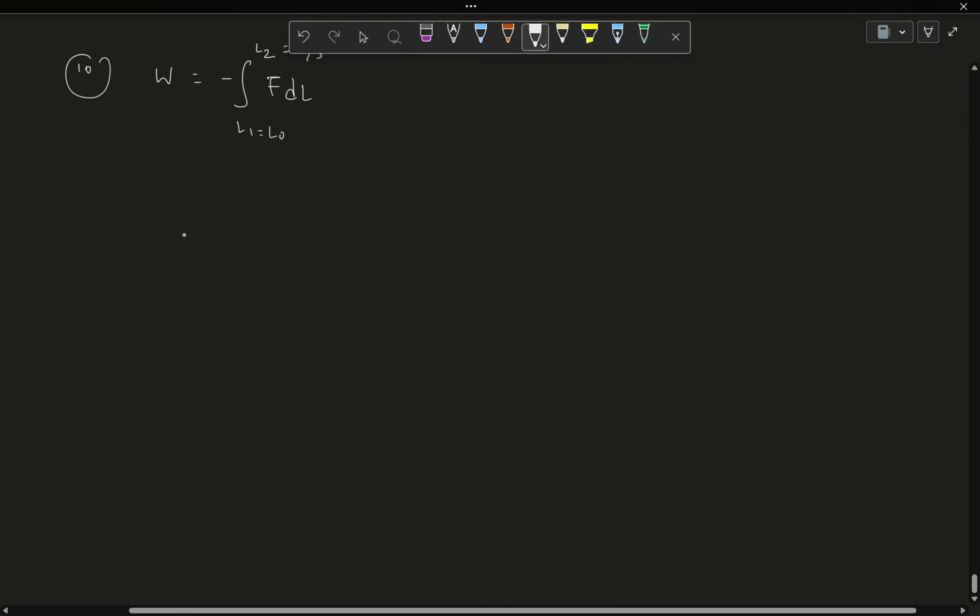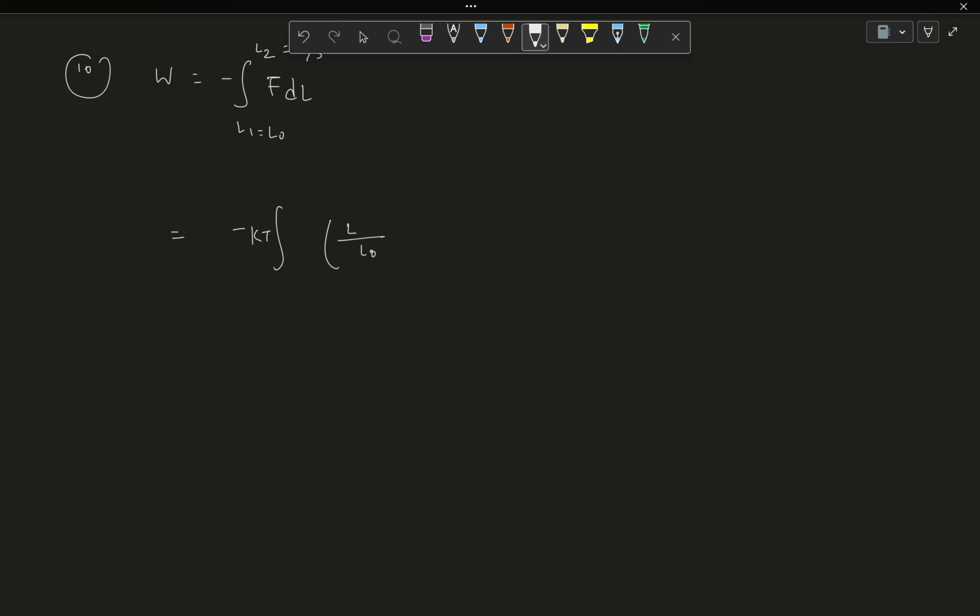So this is minus KT times the integral of (L by L naught minus L naught square by L square) dL, from L naught to L naught by 3.